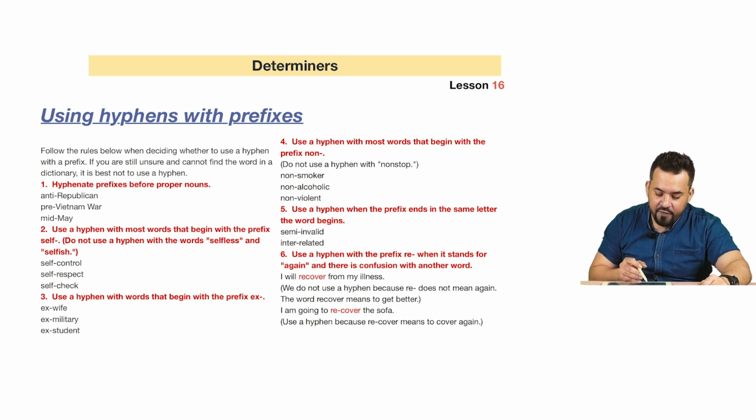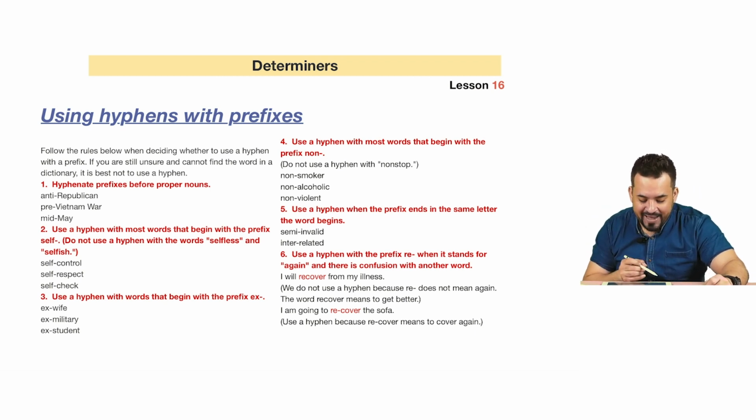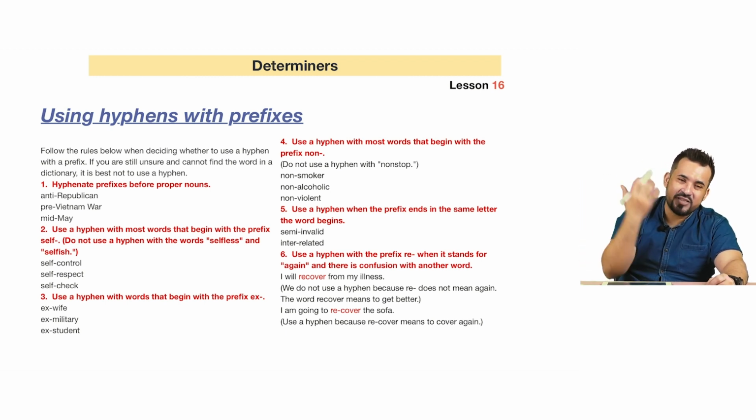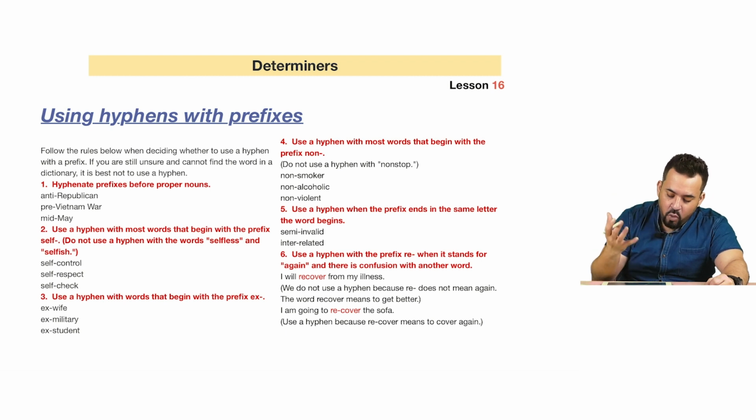We use a hyphen before proper nouns like anti-Republican. Oh, sorry, prefix. We hyphenate prefixes before proper nouns, okay? A prefix is the letters that come before the word.